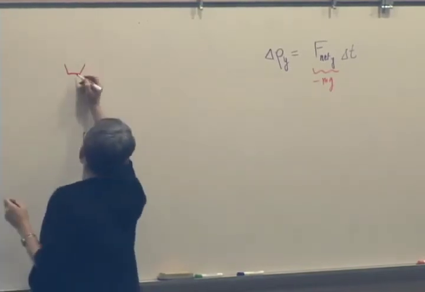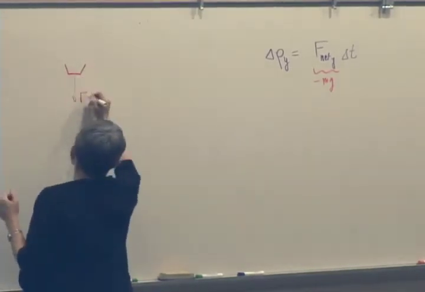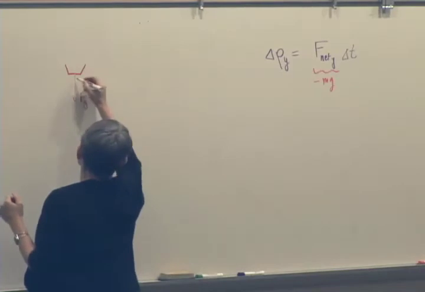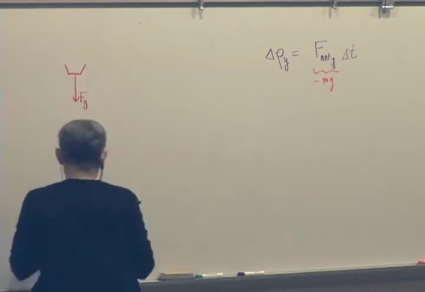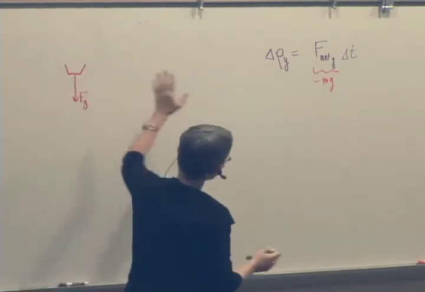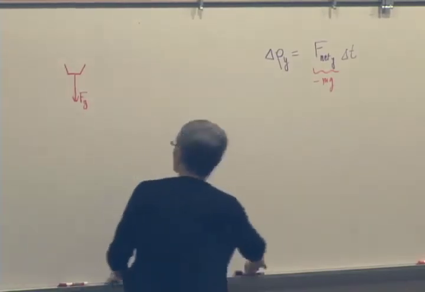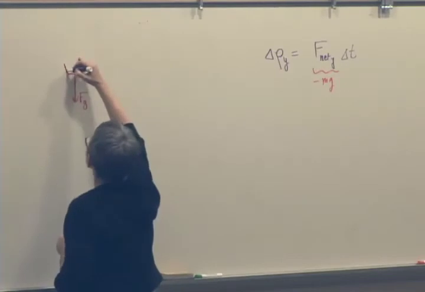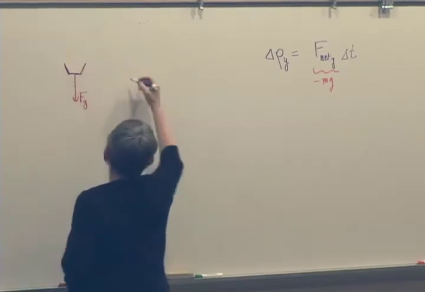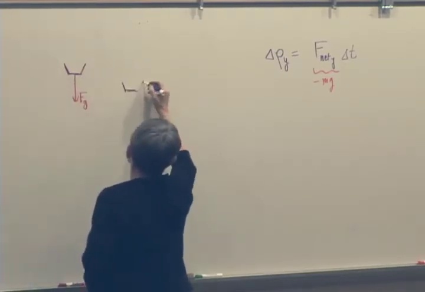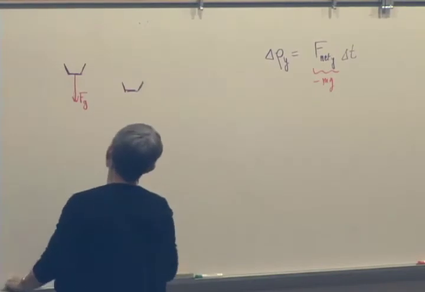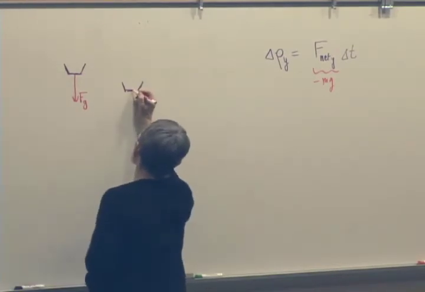So we have the gravitational force. But after delta t, it's picked up some speed. So now, let's make the coffee filter some other color here. Now the coffee filter's fallen a little bit. The gravitational force hasn't changed.